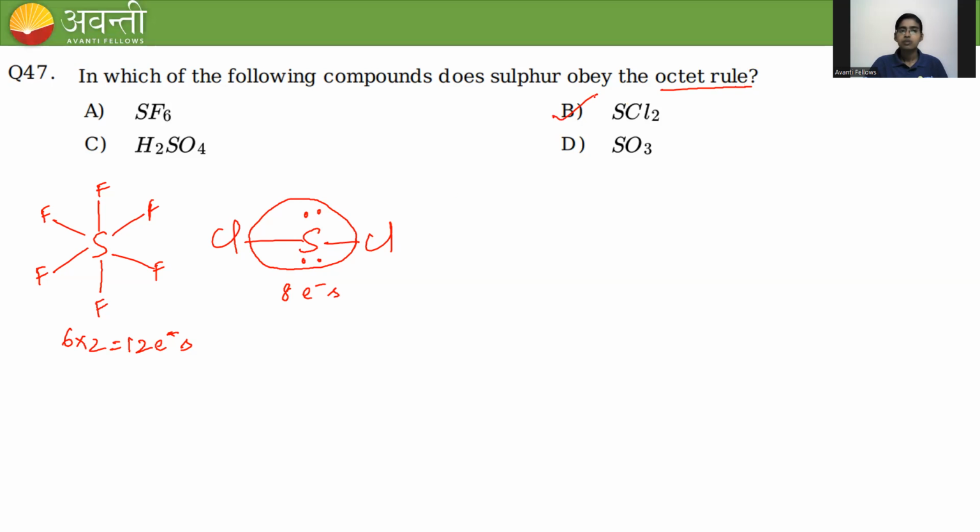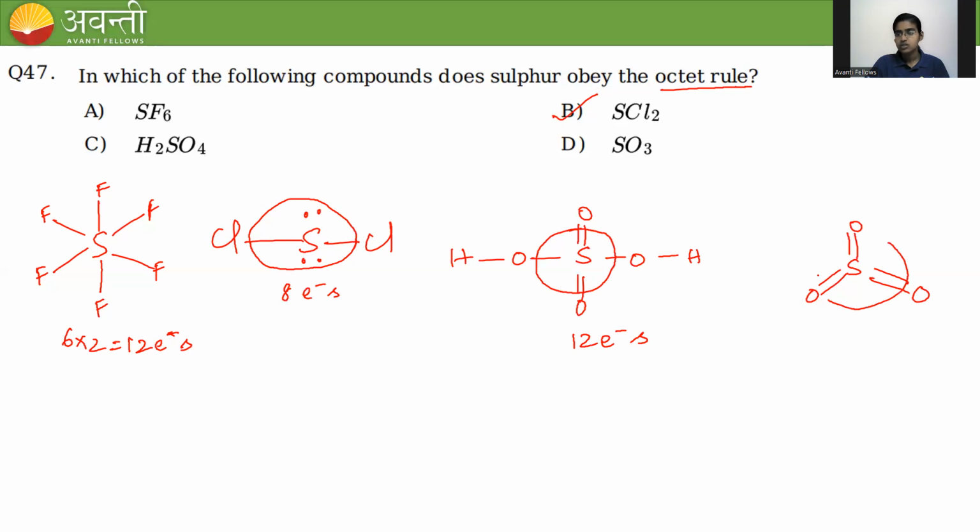And coming to option C, it is H2SO4. In H2SO4 also, there are 6 bonds around sulfur. So 6 into 2 will become 12 electrons. And in case of SO3, it is trigonal planar in geometry, and here also 6 bonds around sulfur, 12 electrons.